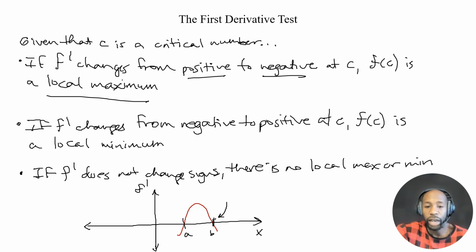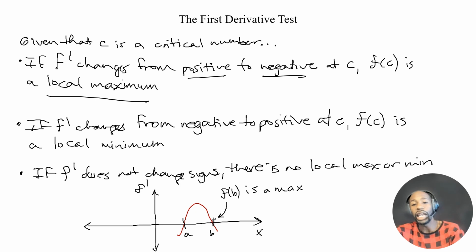This means that f of B, because, check it out, I'm kind of getting ahead of myself. This is the graph of the derivative. The derivative equals 0 right here. And the fact that it goes from positive to negative means the graph of the original function f at that same point is a maximum.